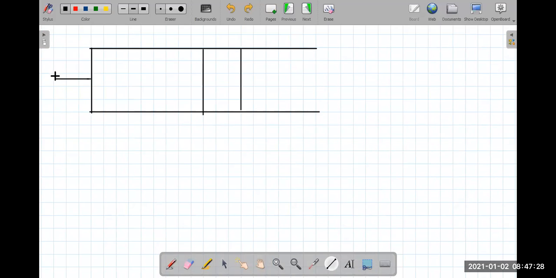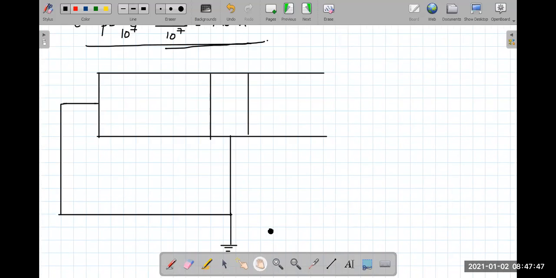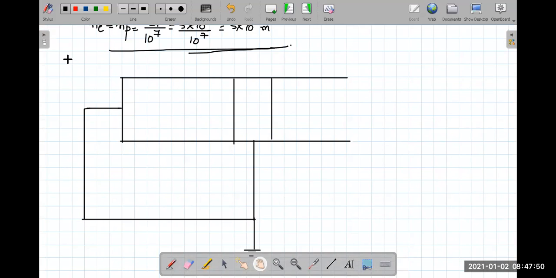For explanation purposes, because we have done it using the PN junction diode, that's why I'm using a PNP transistor over here. But in reality, we'll be using an NPN transistor. This one is grounded. Whatever is to the right, I'm least interested in, because now I'm talking about the emitter-base junction. I'm interested only in the emitter-base junction.